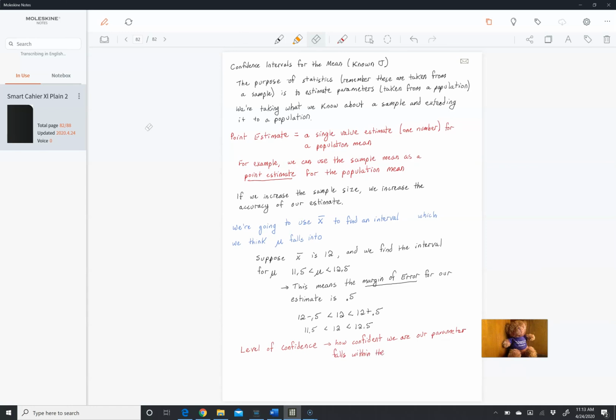A more mathematical way of talking about it is the probability that our mean falls within that interval. It's the same thing. And I say the mean, but it actually should be the parameter, because today we're talking about mean, but we might not always be talking about mean.